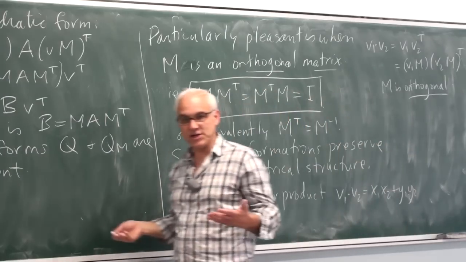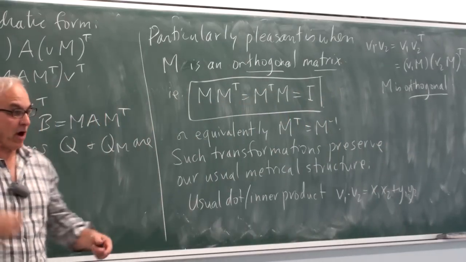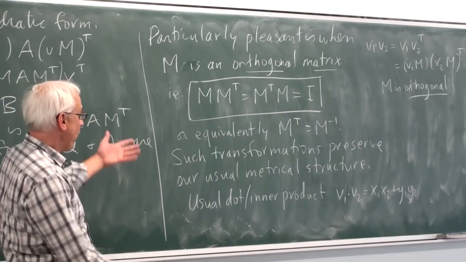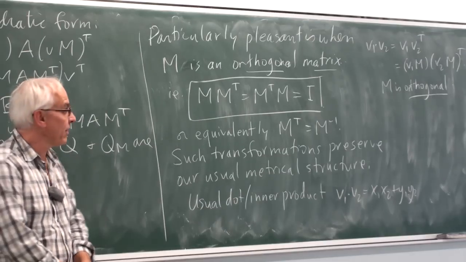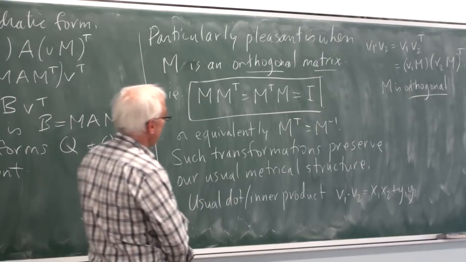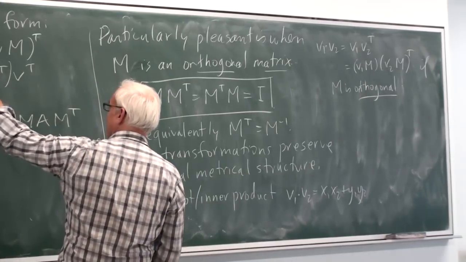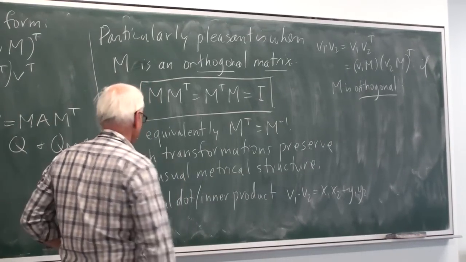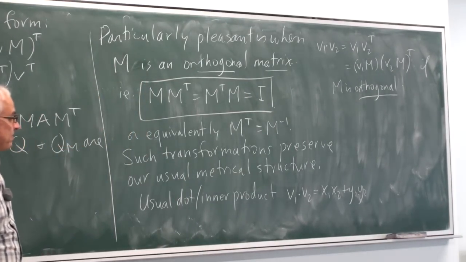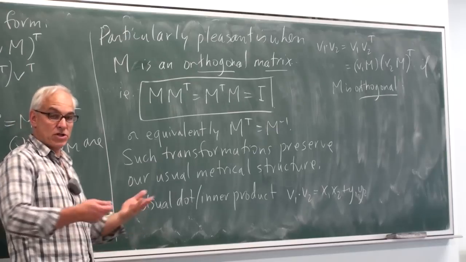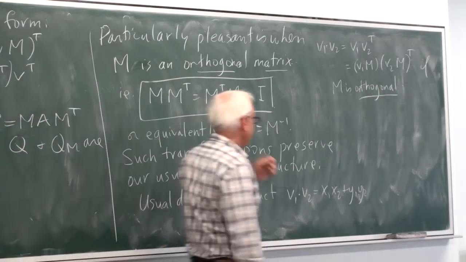So orthogonal matrices preserve the inner product. That's why they're important in geometry. And we're going to see shortly that they're also important when studying these quadratic forms and associated paraboloids.